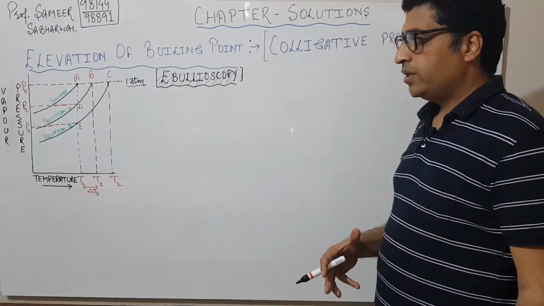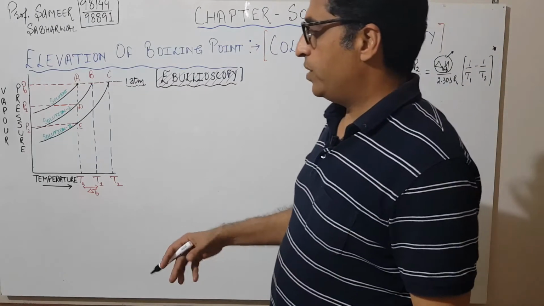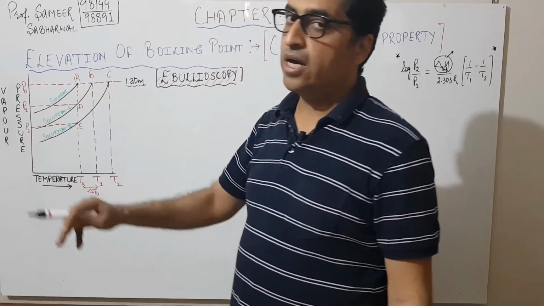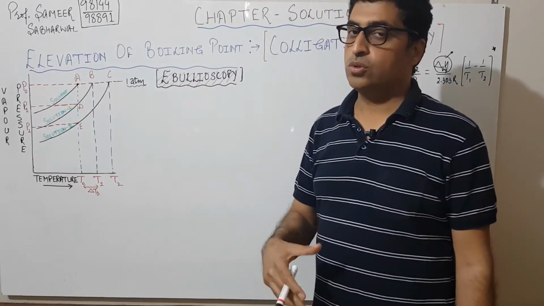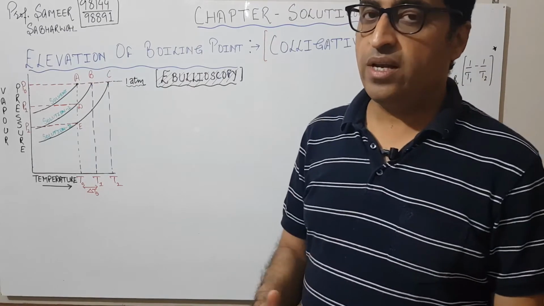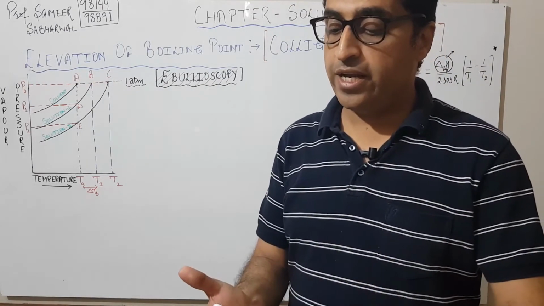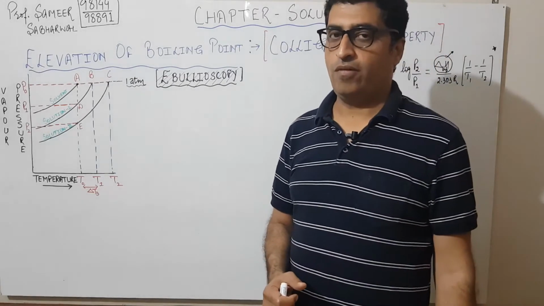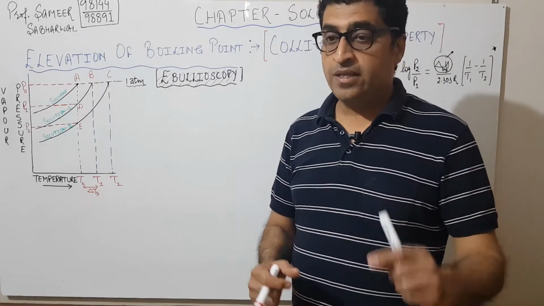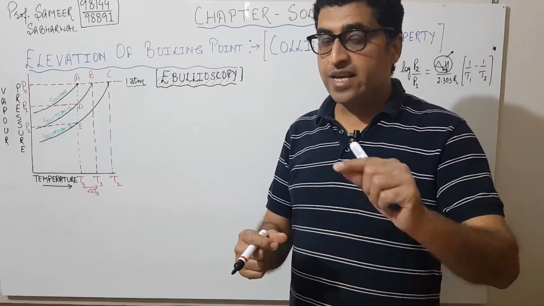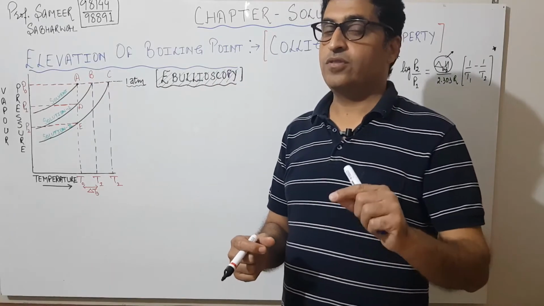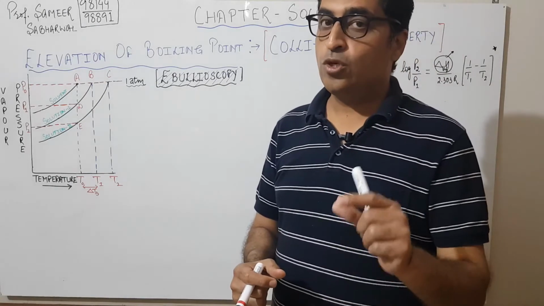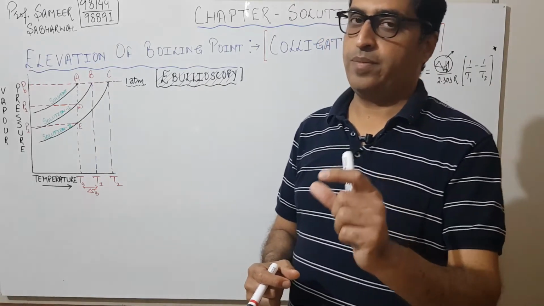So you can see at point A, vapor pressure of solvent is 1 atmosphere, which is 760 mm of mercury, that is height of mercury. So I represent this by T naught. The T naught is the boiling point of pure solvent. Now we have already done one issue, that when we add non-volatile solute to a solvent, we feel depression in vapor pressure of that solvent. That decrease in vapor pressure of a solvent in solution is known as lowering of vapor pressure.